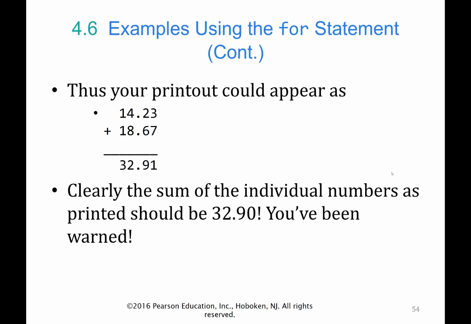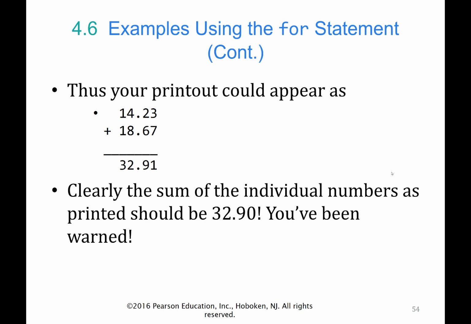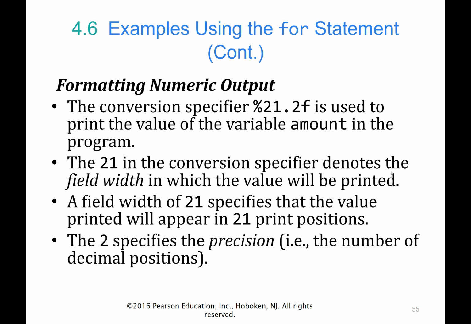But again, that's what it will add up to. But if those numbers are 2.34 and 18.63, that doesn't show up. But when we print it off, it looks like there's an error there. In reality, it's an error because of the resolution of the printing. If we did an %.3f on the printout, we would have seen that fractional cent show up.